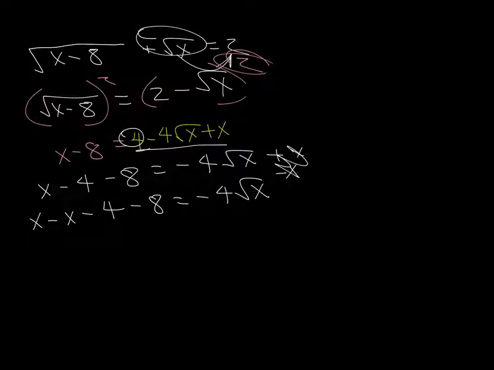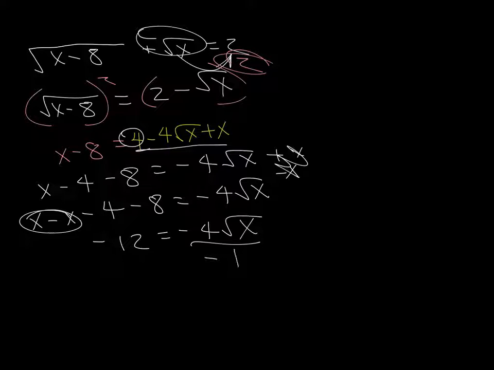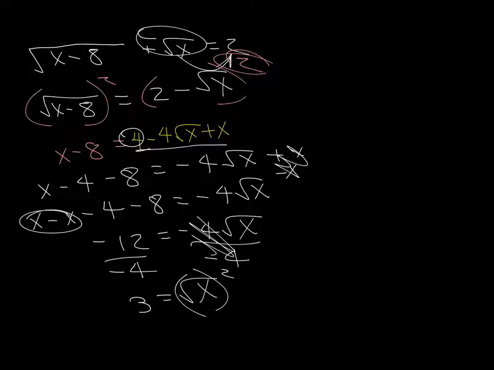Okay, and that'll go away. X minus x is 0, so actually I have negative 12 equals negative 4 square root of x. Divide by negative 4, divide by negative 4, those go away. This becomes a 3. Square both sides, and x equals 9.